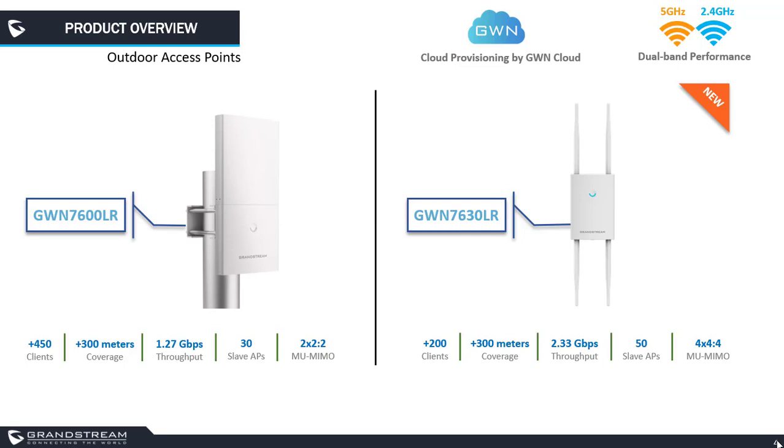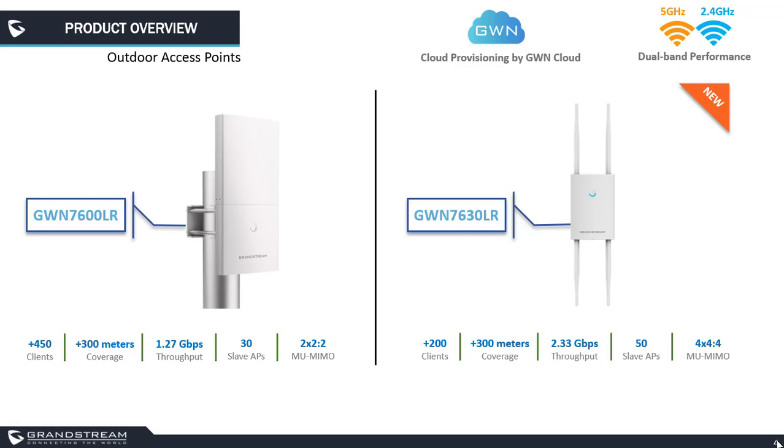And to ensure easy installation and management, the GWN7630LR includes an embedded controller within the product's web user interface, and the same thing applies to GWN7600LR. So all the Grandstream GWN7600 series are supported by GWN Cloud, which is the Grandstream free cloud Wi-Fi management platform.